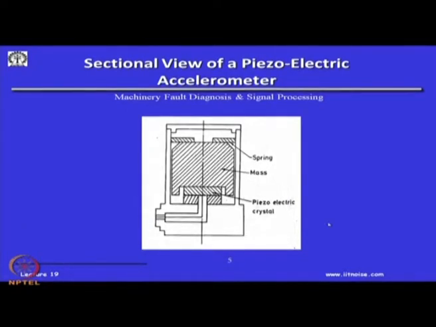And this is how the inside of the accelerometer looks like, and this is the mass which is loading it, and this is the piezoelectric crystal, and this is a tightening bolt, and this whole unit is sealed. This is a ceramic unit, there is a steel unit, and this is sealed, and because of the relative displacement here and the piezoelectric mass, we will get a charge which is proportional to this displacement or acceleration, and then we will see a voltage, and this voltage could be measured.